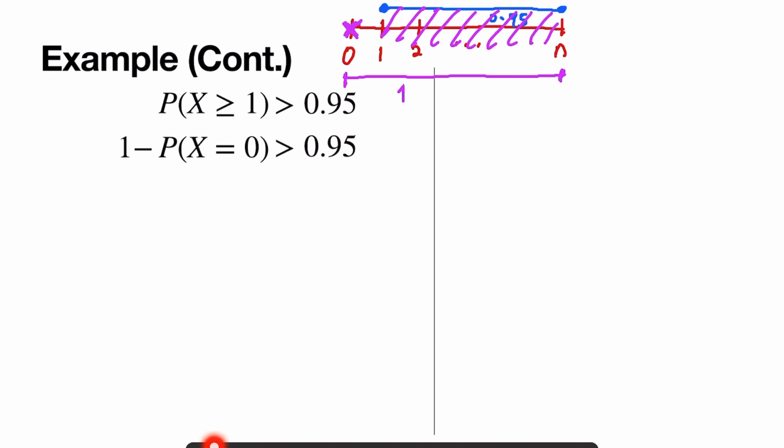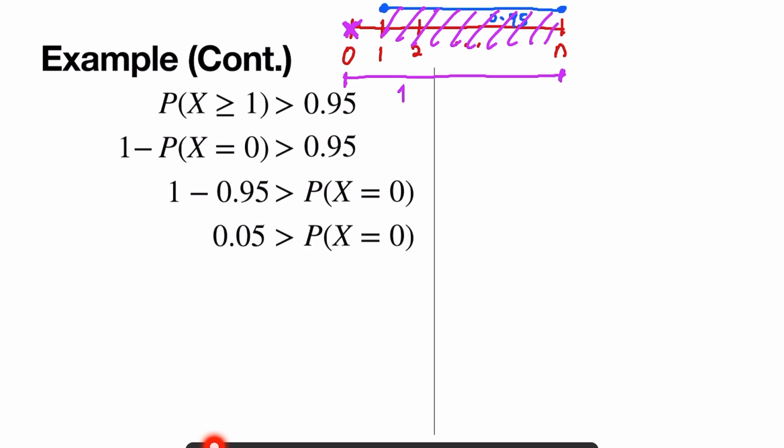I'm going to exchange this place. 1 minus 0.95 greater than probability of x equals to 0. So you may simplify this, you get 0.05, which is greater than probability of x equals to 0. I swap the places. When I swap the places, we're going to change the symbols. Okay? So probability of x equals to 0 is less than 0.05.